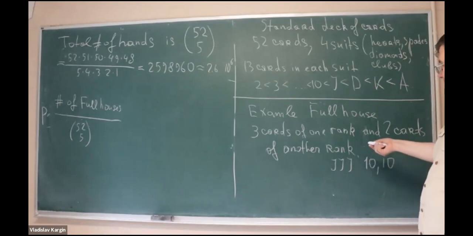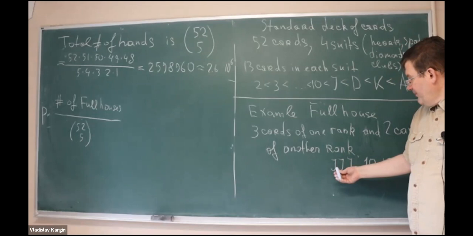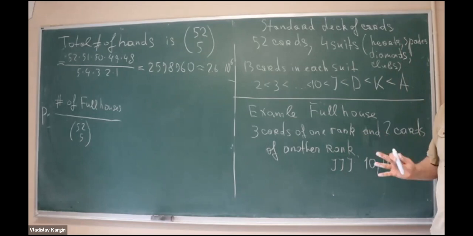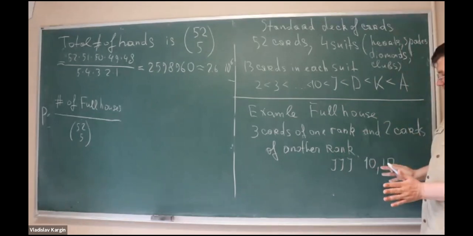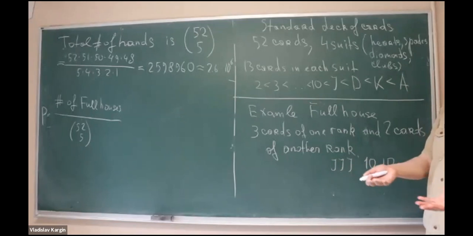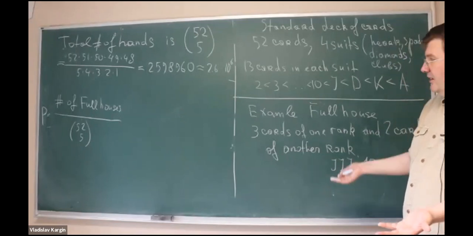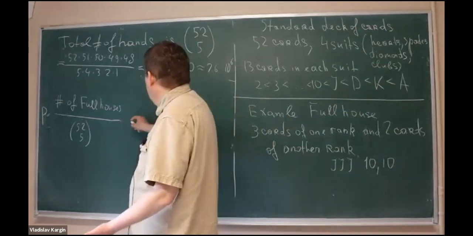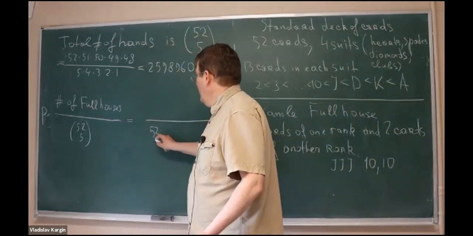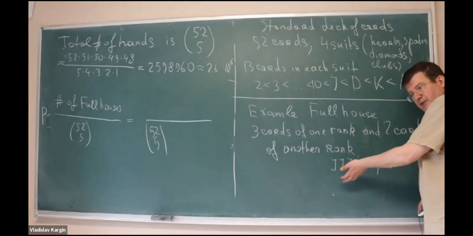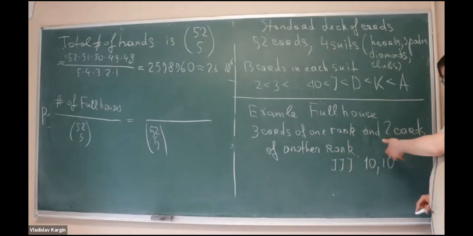So if I tell you that the ranks should be jack and 10, then the number of ways to choose a triple of jacks, well, there are 4 jacks in the deck, so the number of ways to choose a triple is 3 out of 4, and 2 out of 4 for the other specific rank.